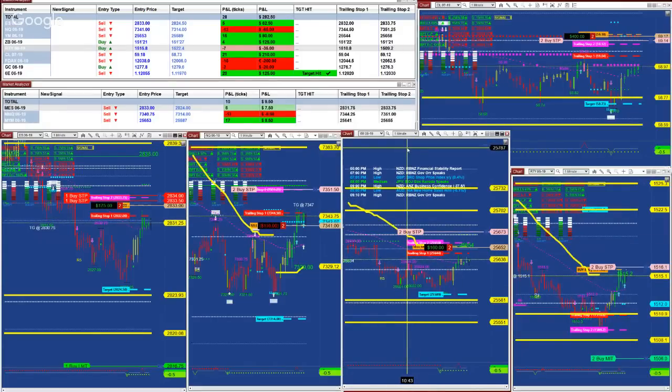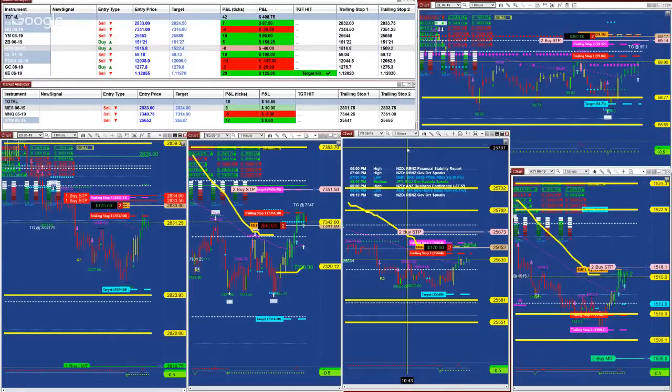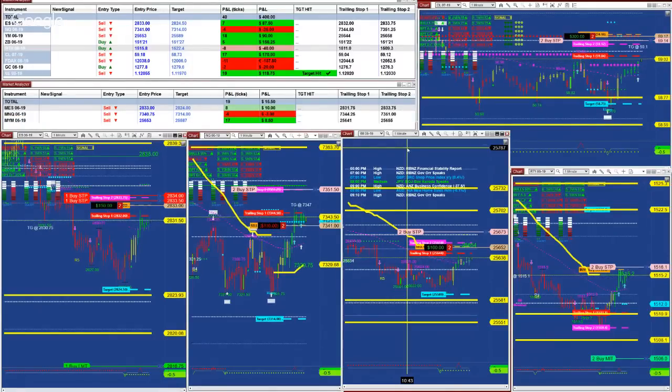I left it a couple of 3 years ago, and now I'm starting to look at it. But for the last 3 years it was not of interest to me, because the volume on the Russell does not really treat you very well, like in ES or Nasdaq or Dow Jones.